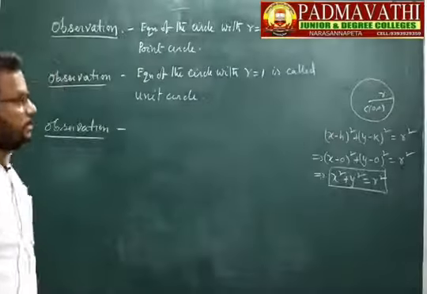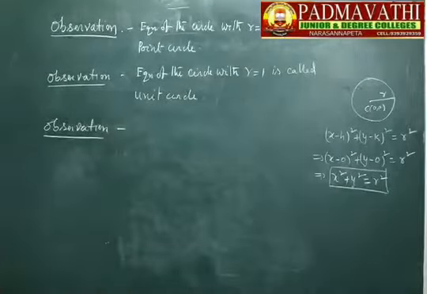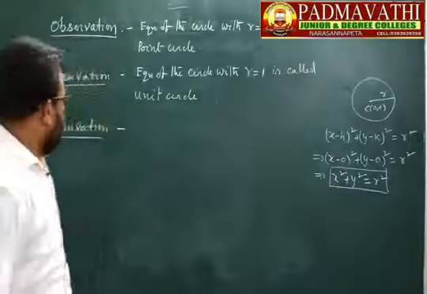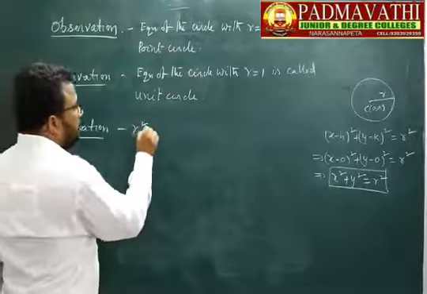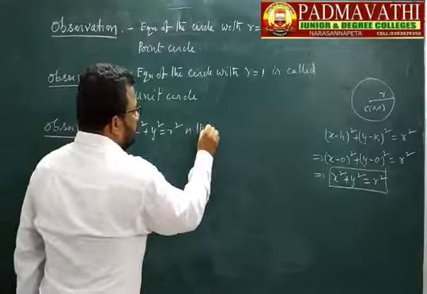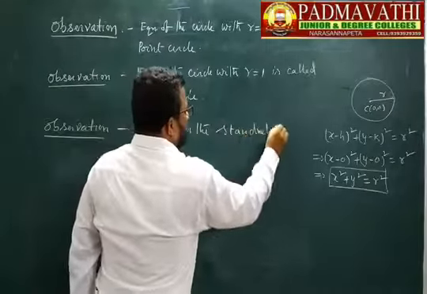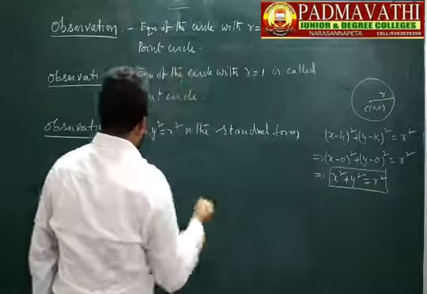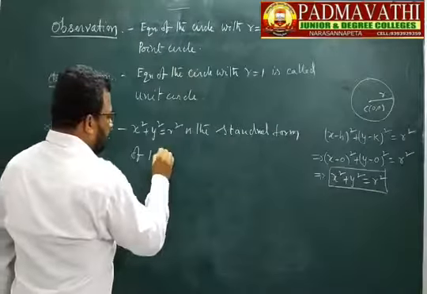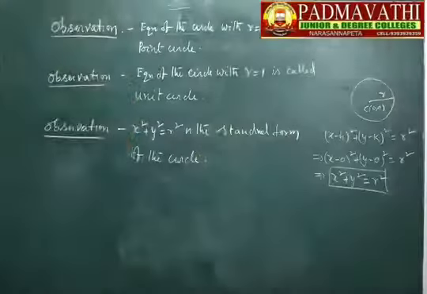x square plus y square is equal to r square is the standard form of the circle with center (0, 0). These are the three observations using the first important theorem.